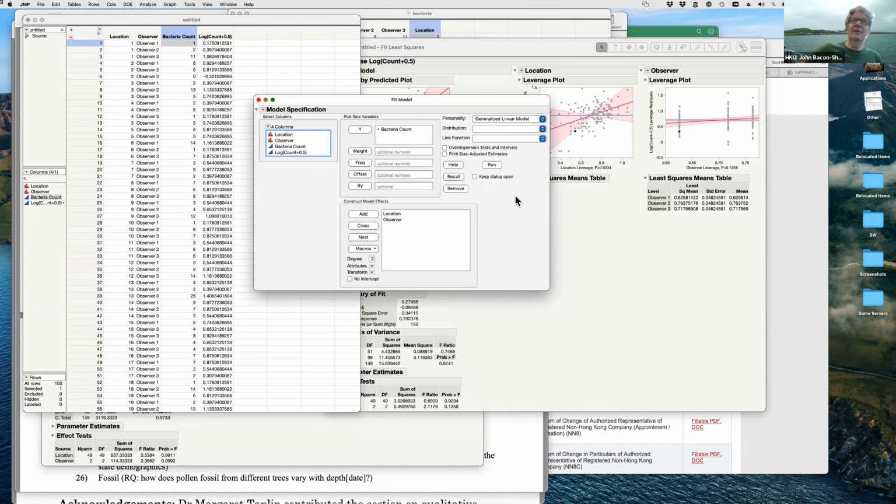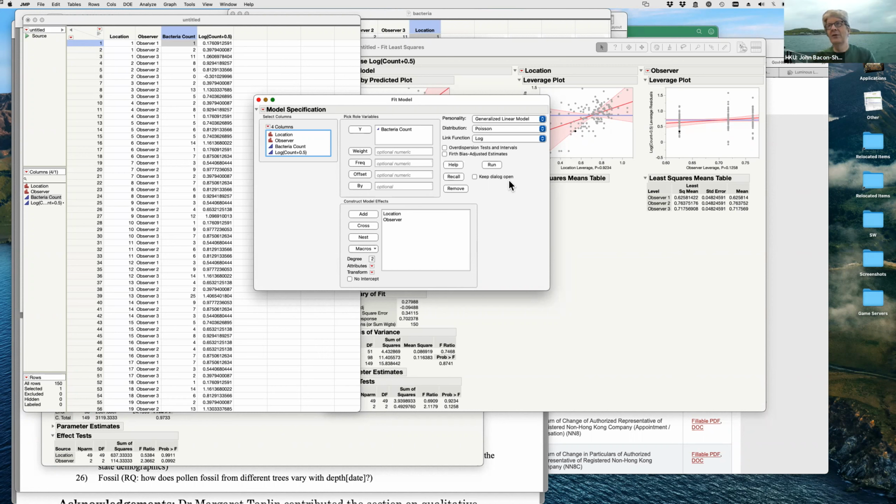So for the generalized linear model, our distribution, we're going to start with Poisson because we know Poisson is generally usable for counts. But then it adds this thing called a link function, log. What does that mean? It means that our linear model is based on the log of the mean.